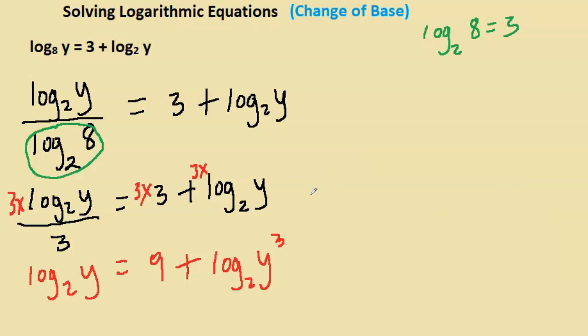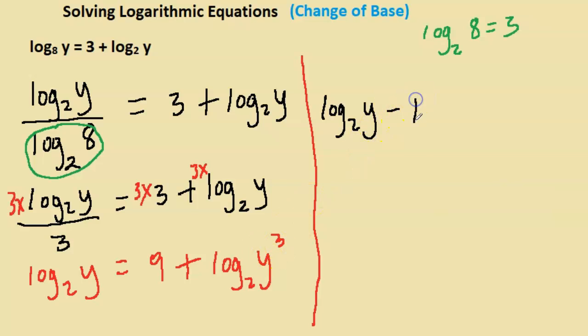Good. And let's group everything now. Alright, so we can combine the logs. So the logs on the left hand side, I have log y, grouping minus, this is what, log y cube base 2 equal positive 9, right?